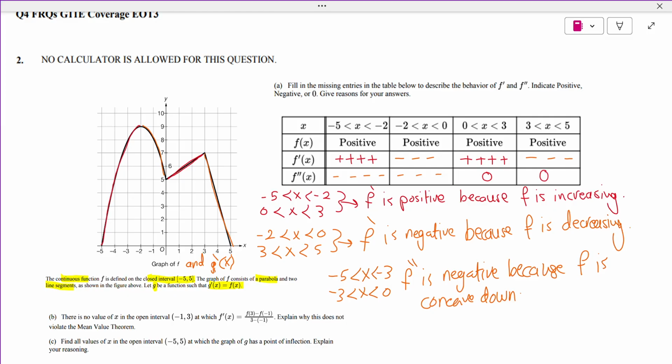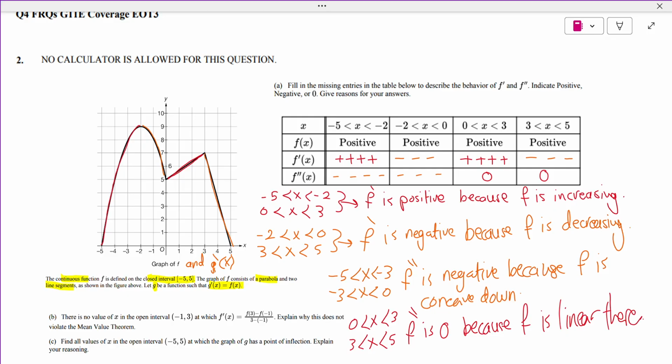So, from 0 to 3 and from 3 to 5, f double prime is 0 because f is linear there. Linear, that means first derivative will be constant, the second derivative will be 0. So please mention those reasons while completing the table.